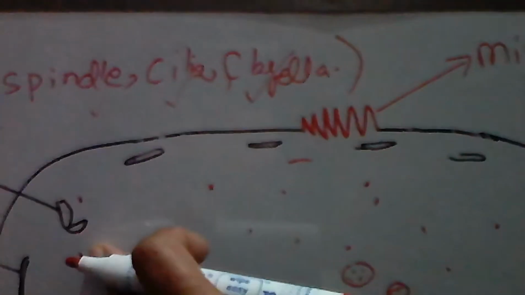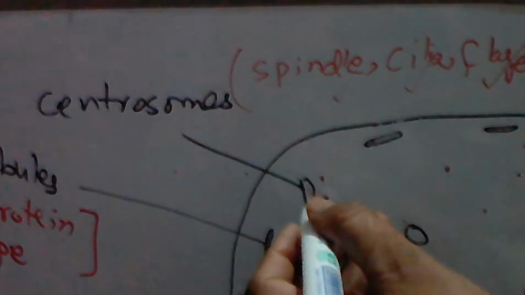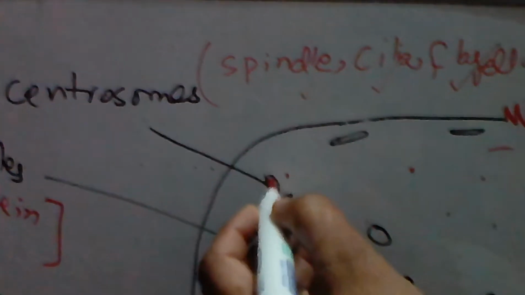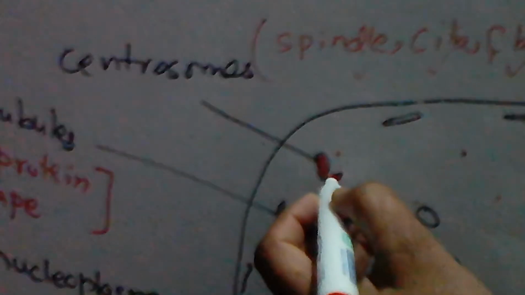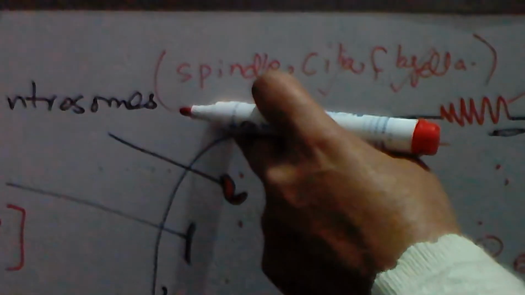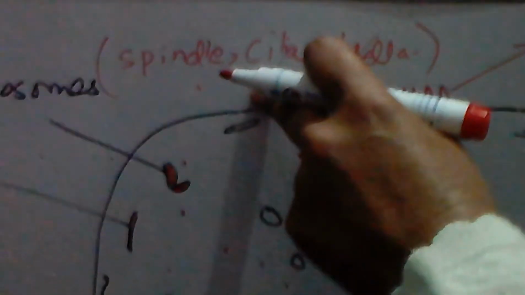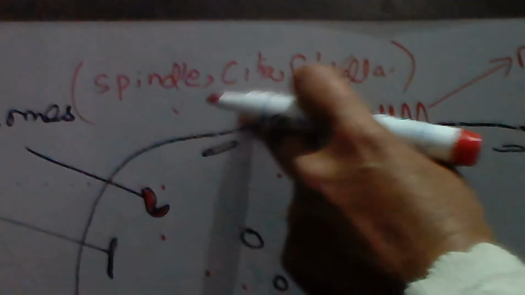Then there are the structures which are called centrosomes. They are also present in the animal cell, and the two centrioles collectively form a centrosome, and the function of the centrosome is the spindle formation during the cell division. Moreover, in certain cases, they are involved in the cilia and flagella formation.